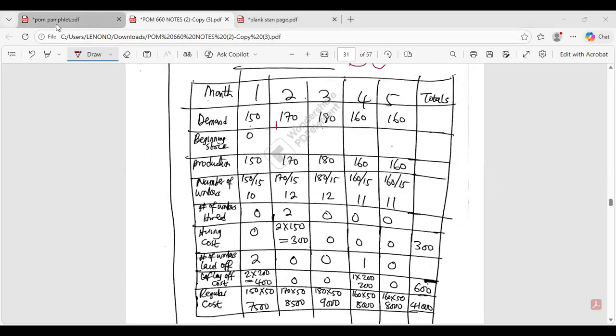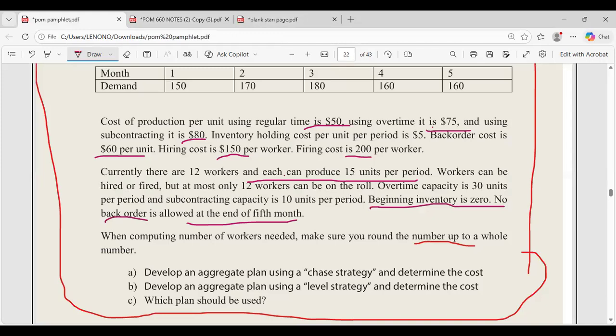So the current workforce, we had how many workers? 12 workers. But why have we found 10 workers here?